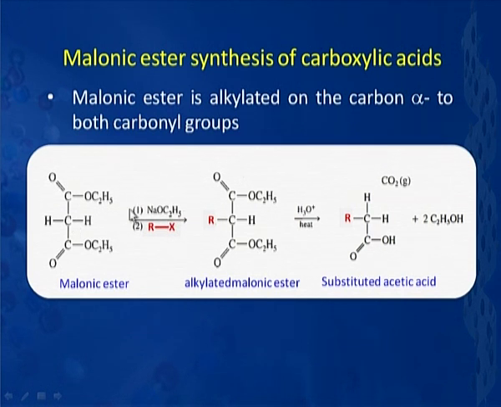So, I do alkylation and I get an alkylated malonic ester. Then thereafter I perform hydrolysis. As a consequence of hydrolysis followed by decarboxylation, I get a substituted acetic acid. So, this is my carboxylic acid which I can generate from here.